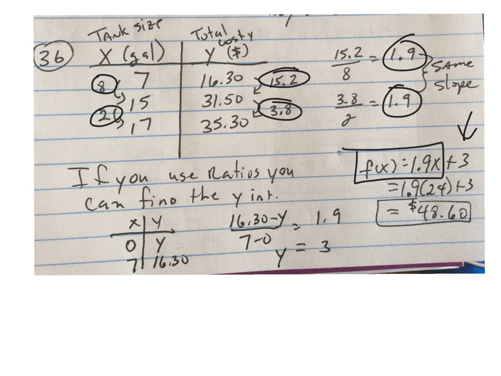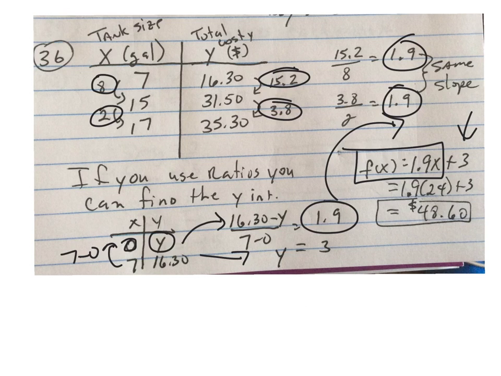Well, you know that when x is 0, we'll get our y-intercept. So if you do 7 minus 0 on the bottom, and 16.30 minus y on the top, you get your rate of change in y over change in x. And you know it's got to equal the same as these other two at 1.9.